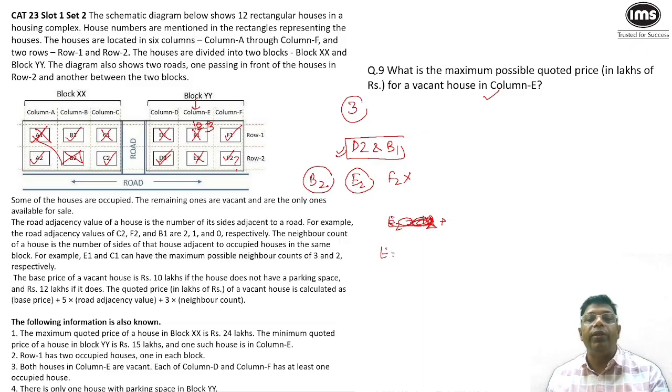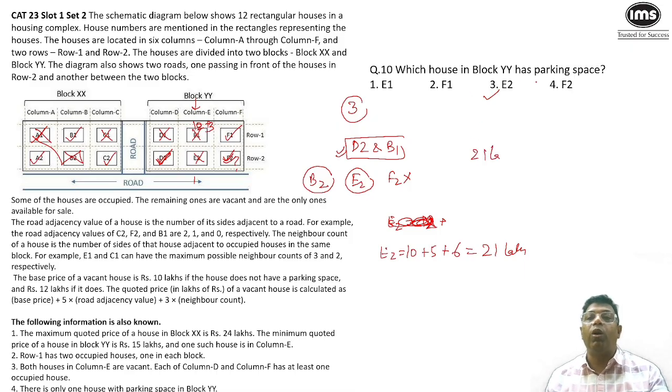So for E2 we have to take the base price as 10. Road adjacency value has to be 5 because one road is there, 5 plus. Now I want to maximize the neighbor count. So I will assume that D1, D2 as well as F2 are all occupied, and E1 is unoccupied. So you have 6. So the maximum quoted price will be 21 lakh for this one. So the answer is 21 lakh.